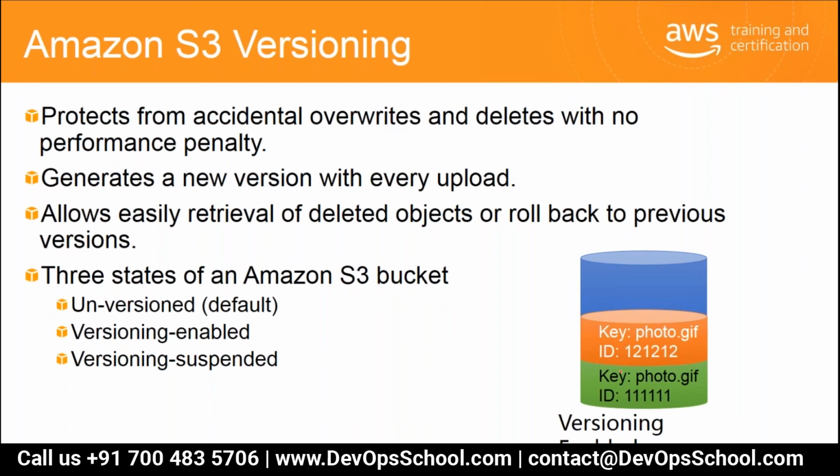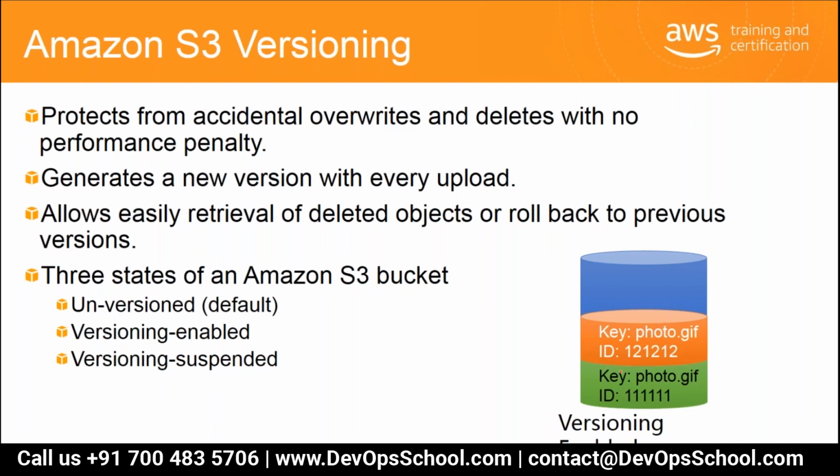So it generates a new version with every upload. By default, it does the versioning for you. You don't have to create versions manually. That is done by S3 automatically. It allows you to easily retrieve the deleted objects or roll back to previous versions. So that is also possible.